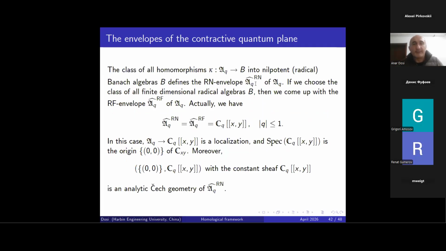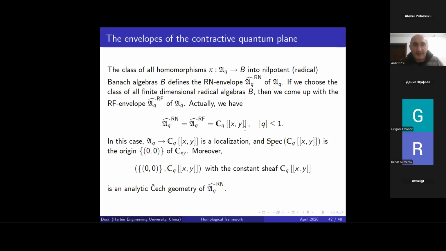Okay. Well, we can look at another envelope. For example, we can take the algebras B, which are nilpotent Banach algebras. Look at only this sort of actions. This ends up with a new Rn envelope. You can choose just finite dimensional radical algebras.